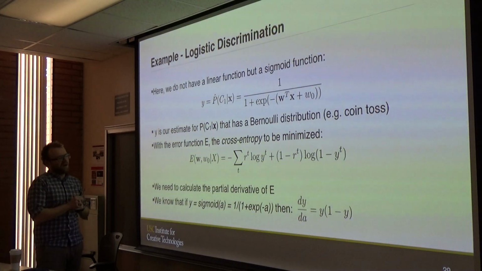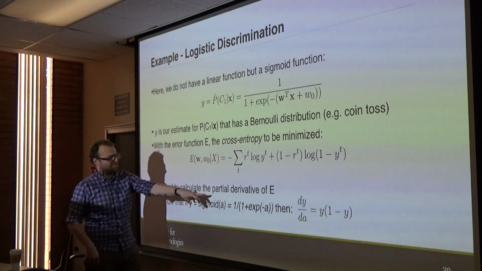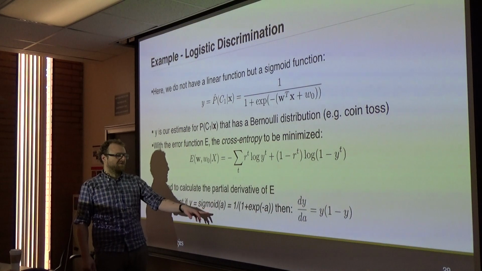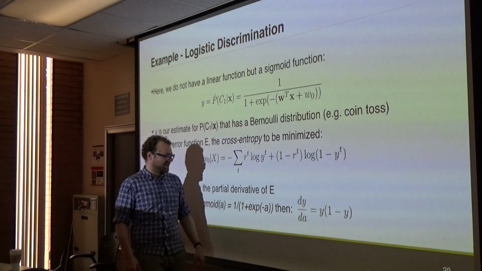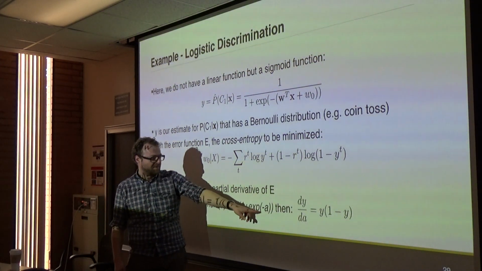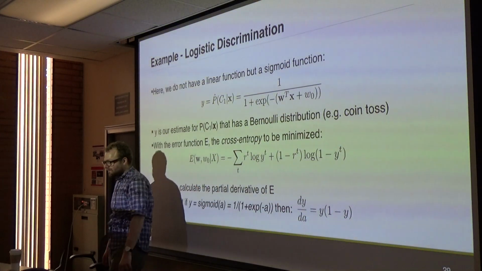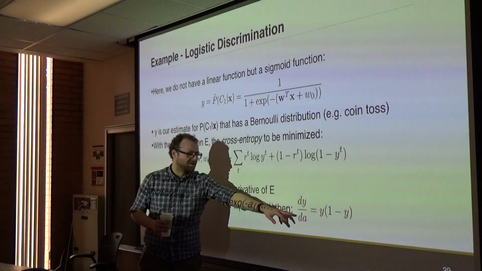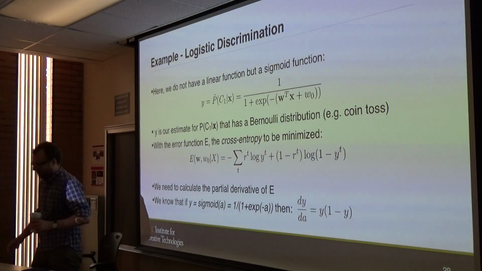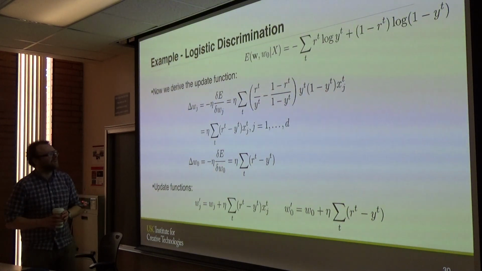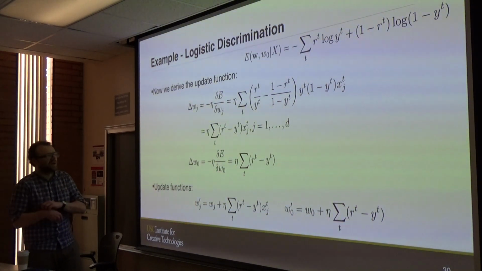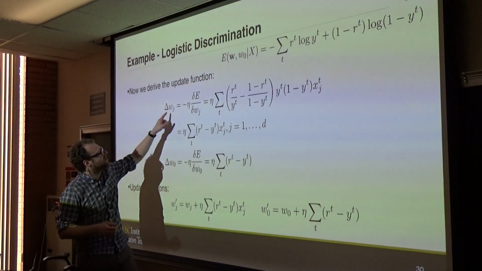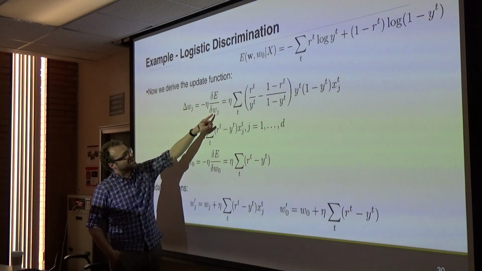To solve this problem, we need the partial derivatives to do gradient descent. For that, this information here, 1 divided by 1 plus e to the minus a, will be helpful, since its derivative is convenient. So in order to come up with our update functions, we need to take our error criterion and do the partial derivatives for each of the weights.